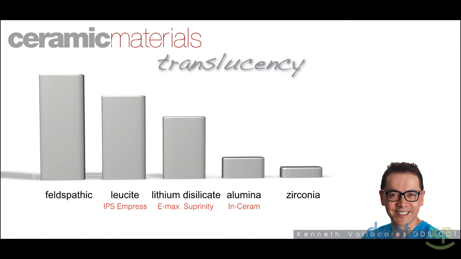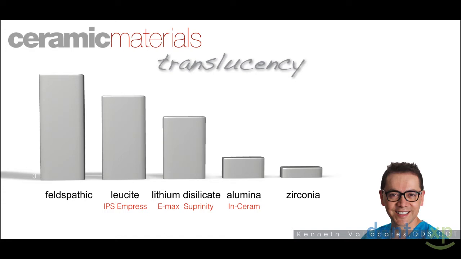We can see that feldspathic has better aesthetic properties because when light influences its layers, feldspathic has a selective capacity to let the light go through, absorb, and reflect in the same way that natural tissue does, allowing some rays from the spectrum range to pass through while reflecting others.